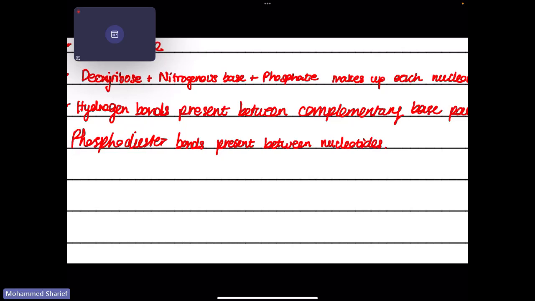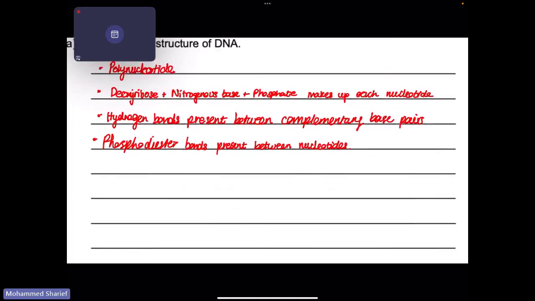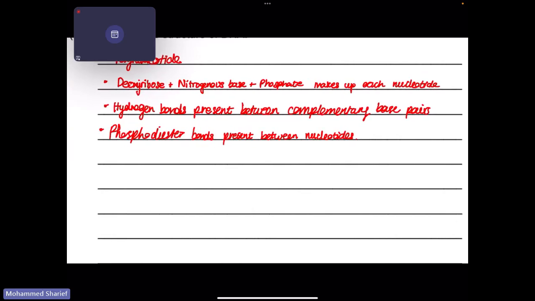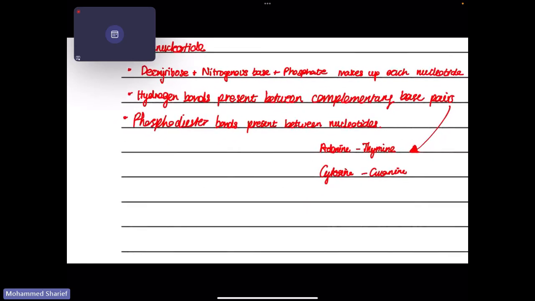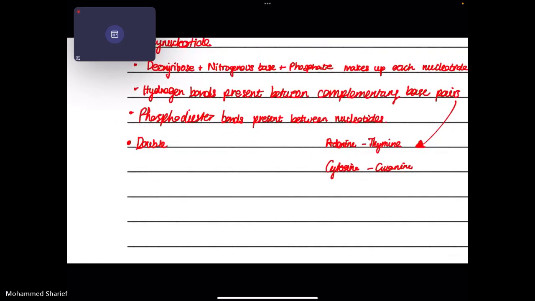And then finally between complementary base pairs. Oh yeah, one more thing. Whenever you say complementary base pairs, always list the complementary base pairs. I've missed that out there. So we've got adenine with thymine, and always write down the full name. Sometimes they say reject A to T, C to G. Cytosine to guanine. What else? It's also a double helix. And I think that's everything.